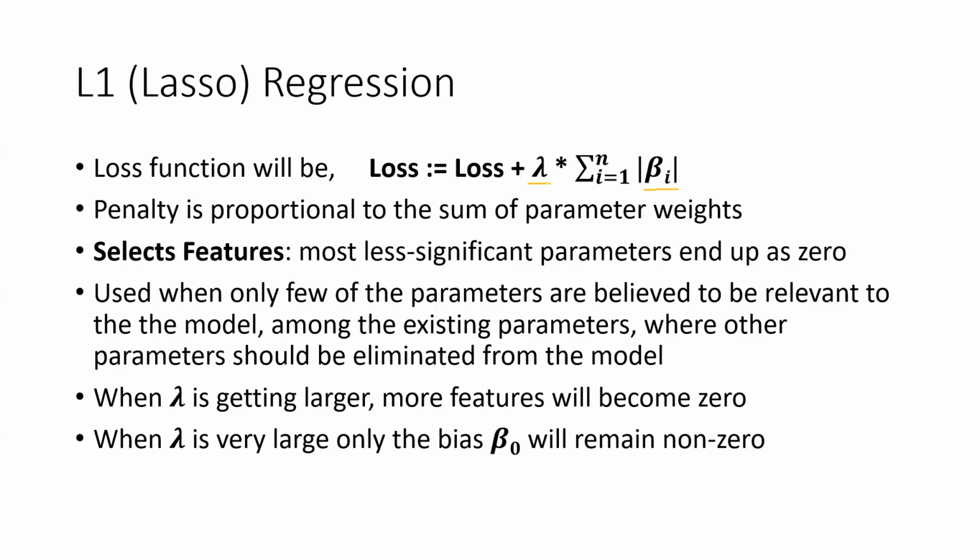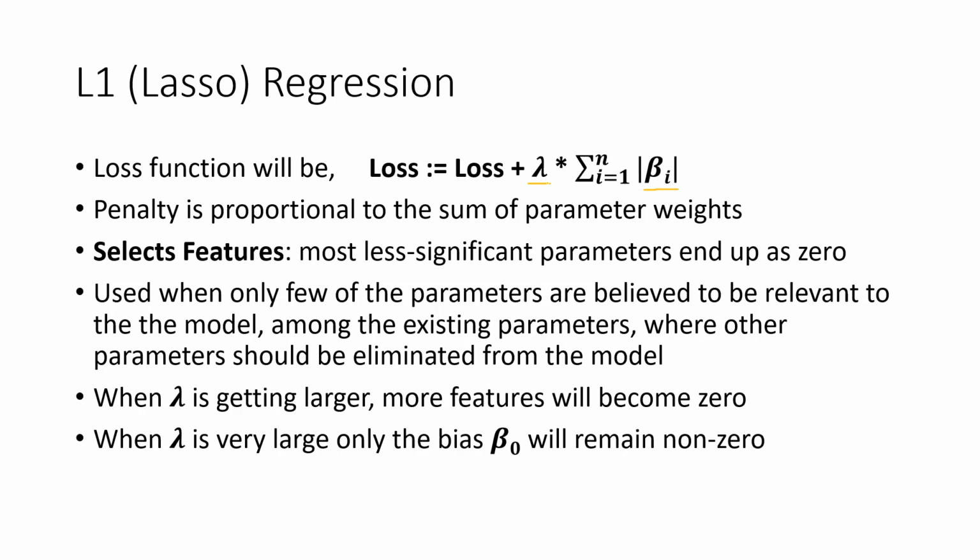So why are we using L1 in which kind of scenario? We are using this L1 or the lasso regression when we believe that there are too many parameters, and some of them are not relevant to the model, which have lesser impact. So we want to remove those less significant parameters from the model and simplify our model.